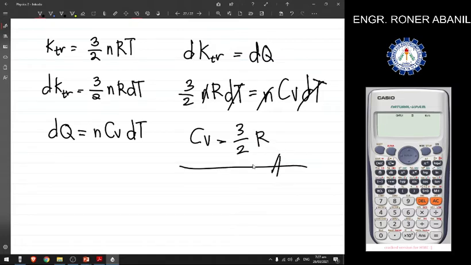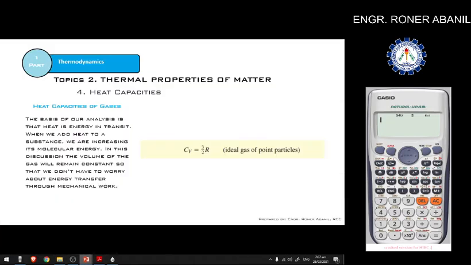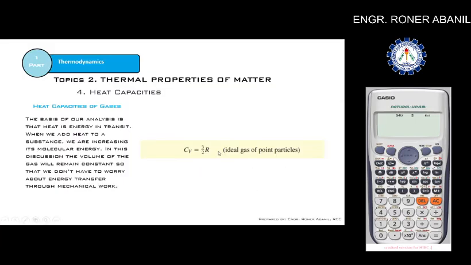So, ngayon, yung formula ng ideal gas of point particles. Okay? So, makikita natin yan dun sa ating presentation.